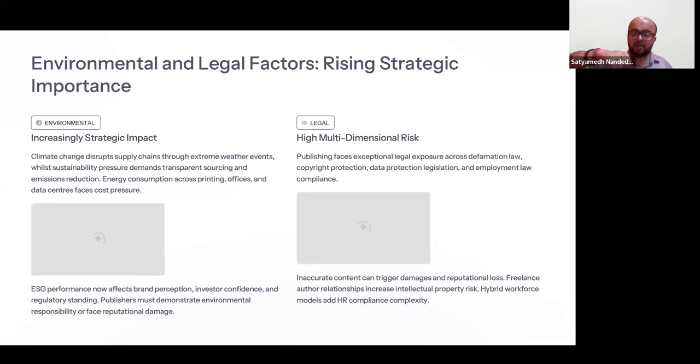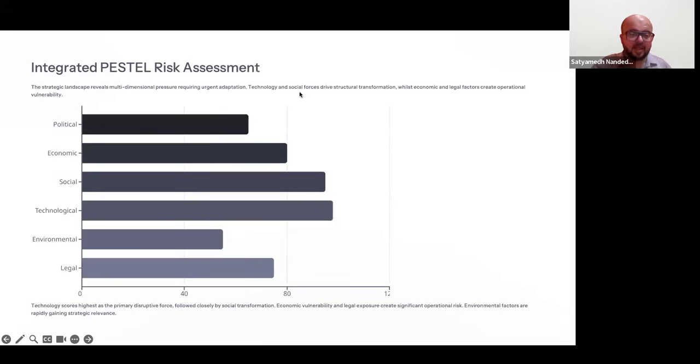Then publishing faces another risk, a mixture of legal plus the environment that we are living in: any content which is deemed inaccurate or defamatory can bring huge reputational loss. Plus, you will have to pay fines and penalties if you insult another individual through your work. Okay, now see, this is something that I just prepared.